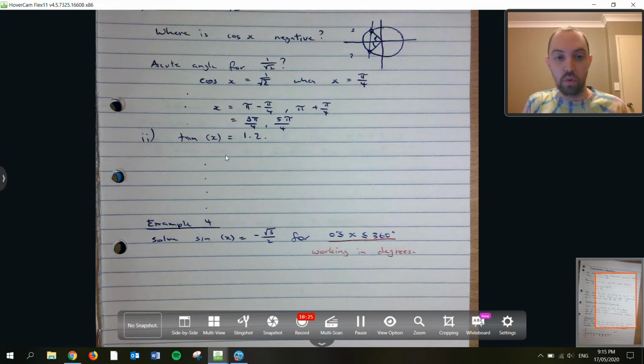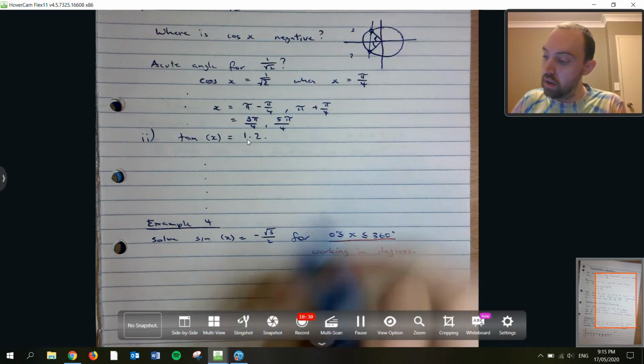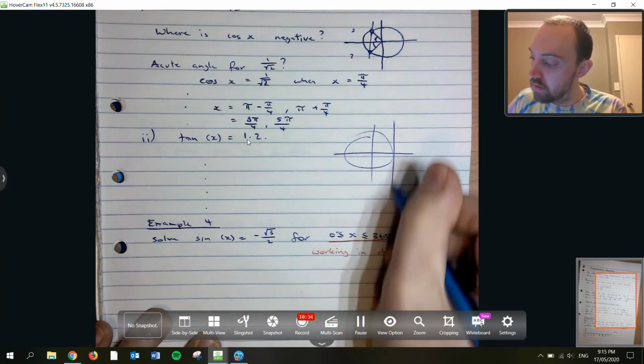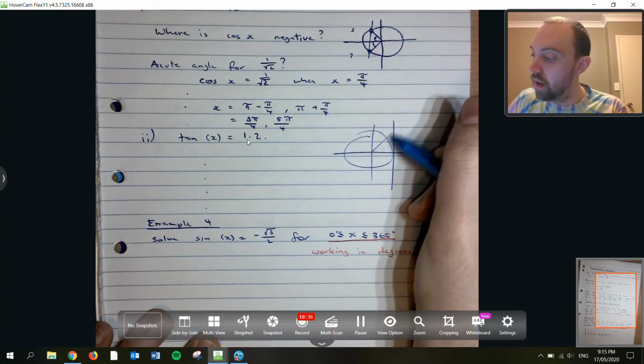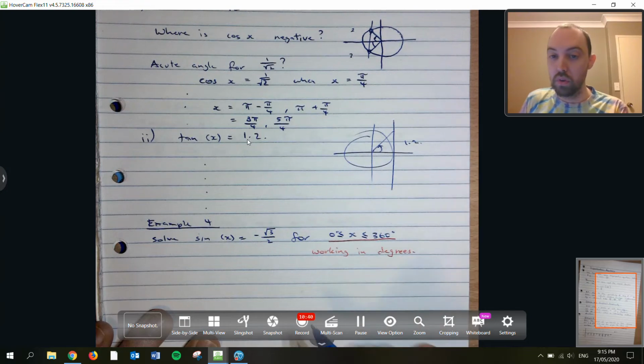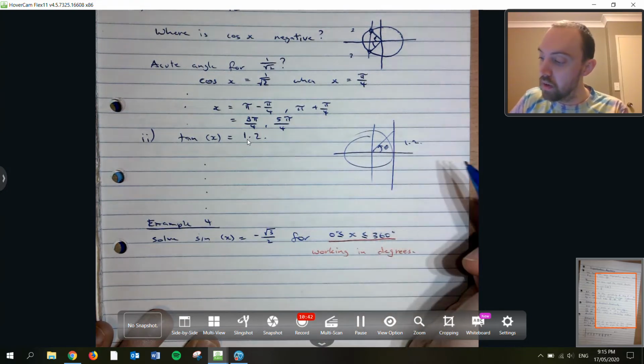So we are trying to do tan of x is equal to 1.2. And thinking back to our definition of tan that we've done in another video, we're thinking of an angle that makes our tangent a length of 1.2. What is this angle?